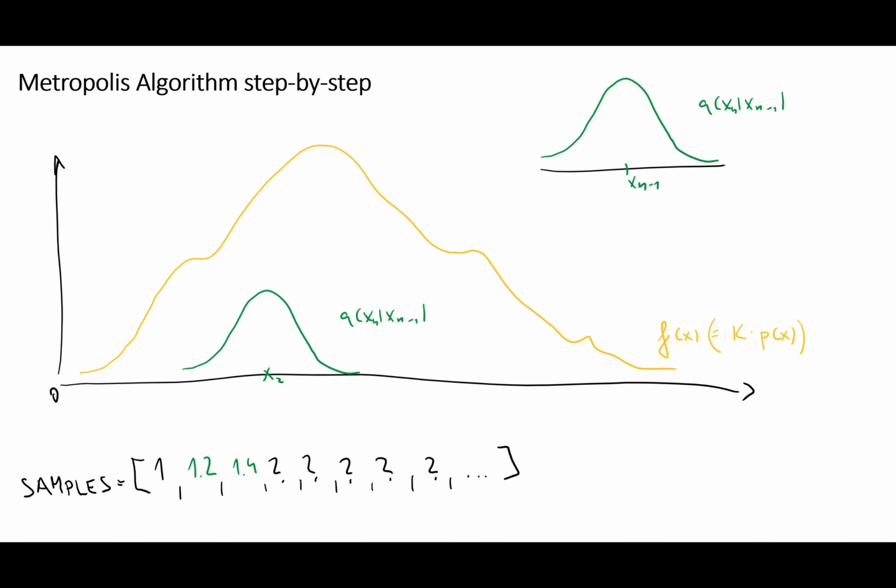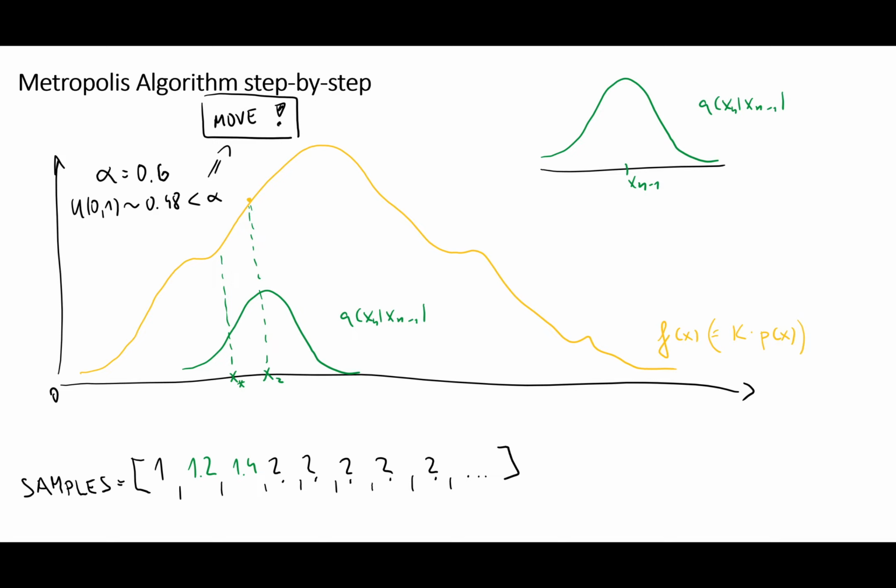So again, build the proposal distribution, and now we proposed a sample of 1.15, and now we have to evaluate how smart it is for us to actually move there. And this is where things get interesting, because suddenly we see that the fraction is lower than 1, and now we are basically playing a Russian roulette of how smart it is to move there. And we will generate this uniformly distributed number, and we will see that this time it's again lower than the alpha.